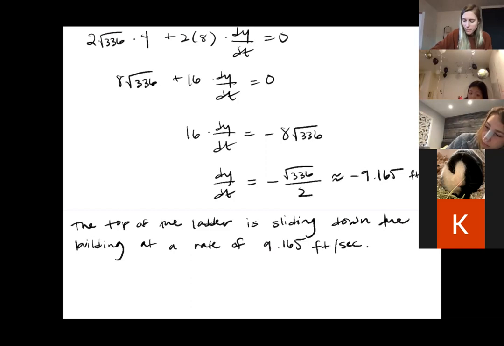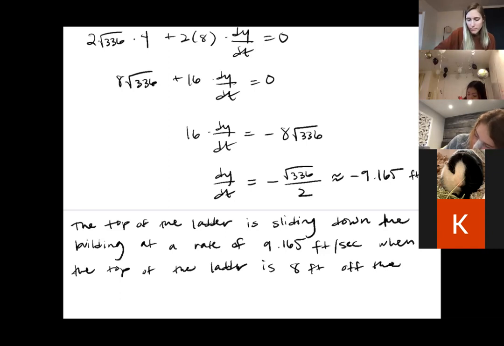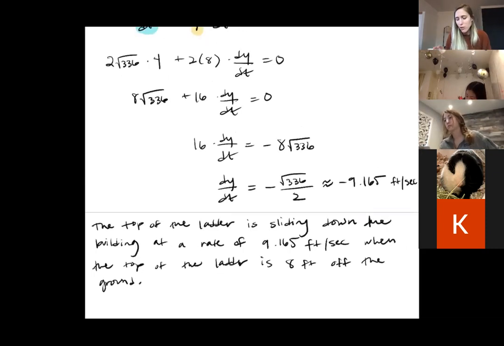Oh, when the top of the ladder is 8 feet off the ground. So again, I described the negative part of the rate by saying that the ladder is sliding down the wall, down the building.